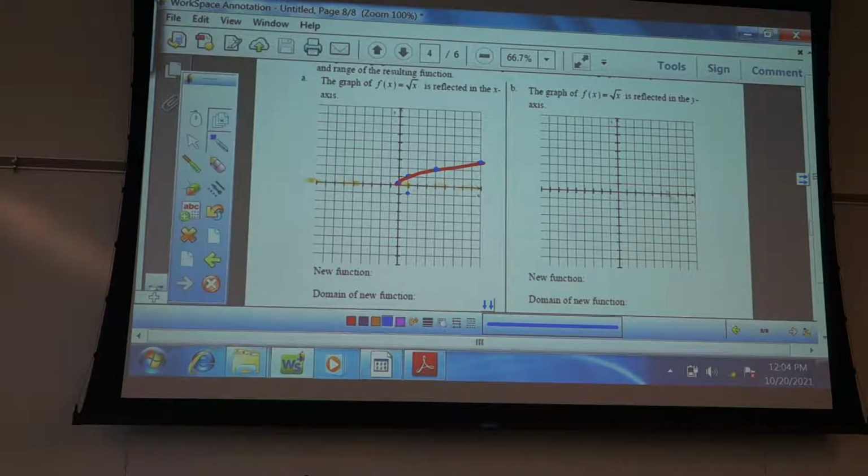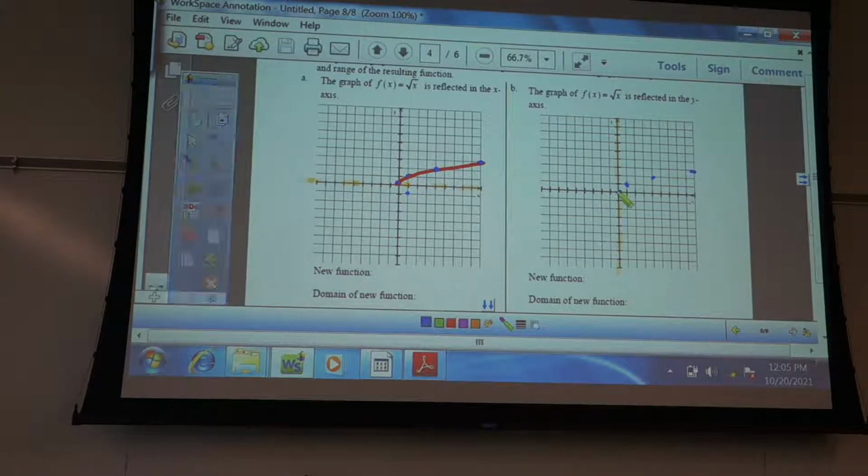If you've done that, then do this one also. Here it is. We're going to reflect across this one, the y-axis. Y-axis, sorry. The y-axis, thank you. If you've done the first one, do it again.